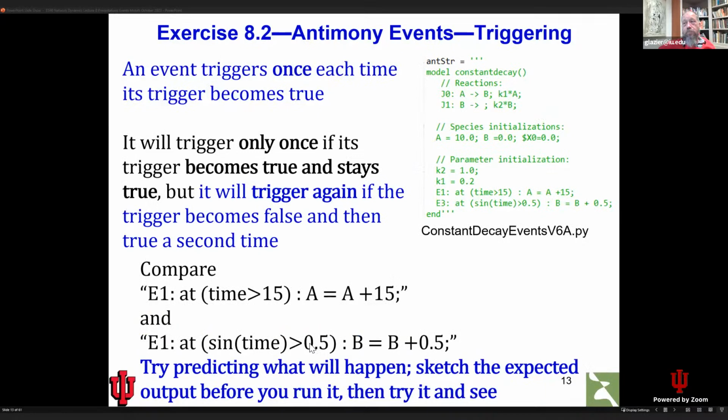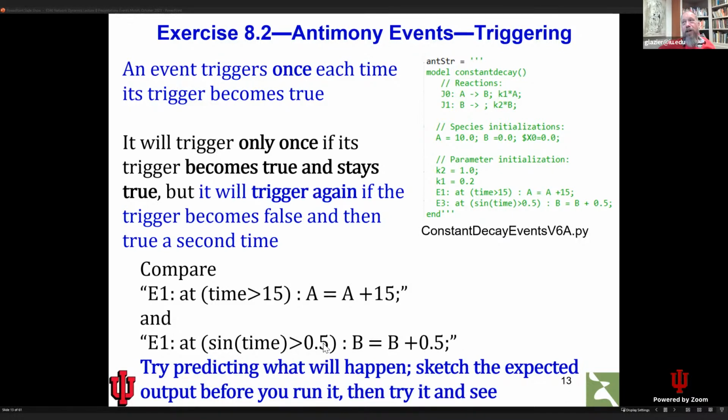In general, the event will occur every time the trigger goes from false to true, so it's on the upswing of that. I suggested you try sine of time greater than a half, but William's mod is probably a better way of doing it than mine.